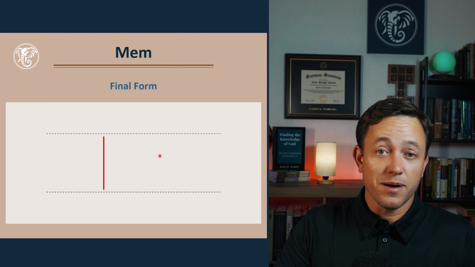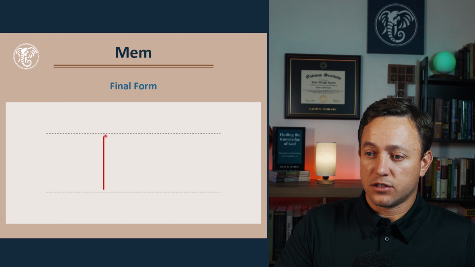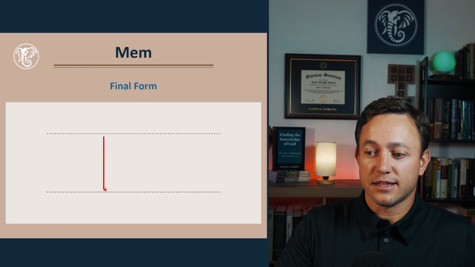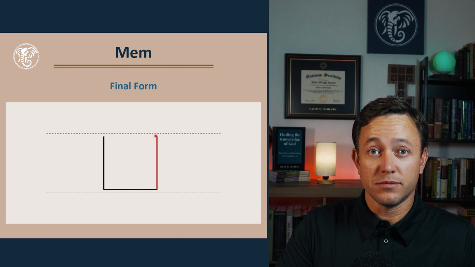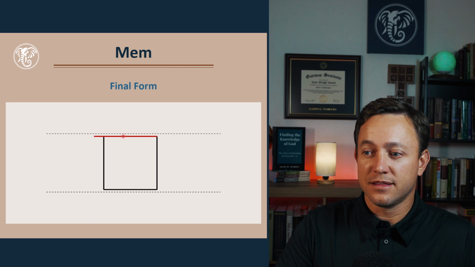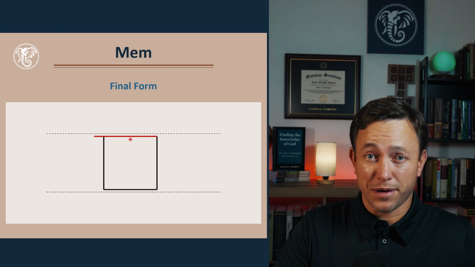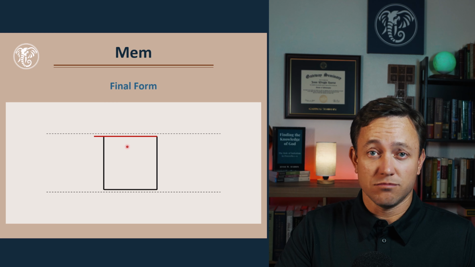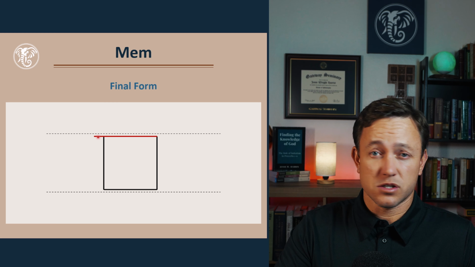All right, well, how about the final form? Well, for this one, it's going to be just a straight line down, vertical, filling that whole space, then a line horizontally, then a line up, vertically, and then a line horizontally, really just forming a box. And so in most fonts and styles, this is really just going to be a square.